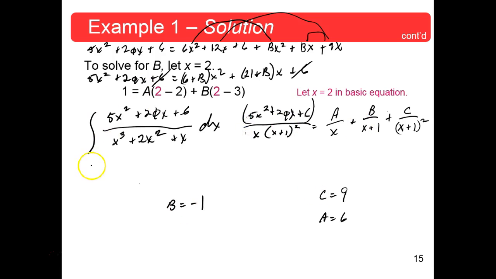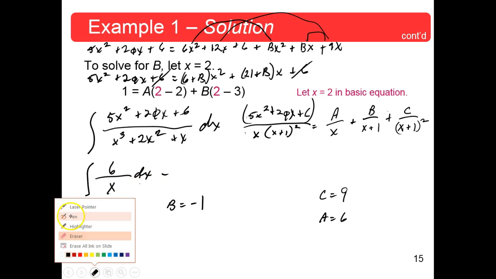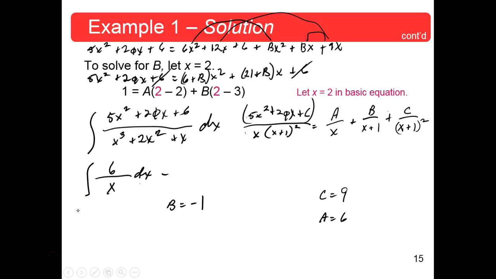Okay. So by judiciously saving only, or honing in on what we need, this integrand right here becomes that with these values in it. So our integral becomes the integral of A is 6 over x dx plus, no, minus, because the B is a negative, minus, and I'm going, yeah, okay, didn't think about it soon enough.